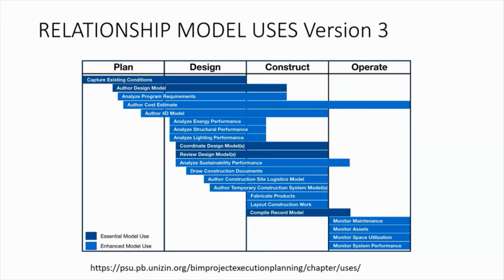That means you have to hand over some of those models to people who are not in your own discipline, which is one of the characteristics of the BIM use described by Penn State University. So this is one of the main points to understand: you will have to move these BIM uses between different stakeholders and designers, or even designer-constructors as well.